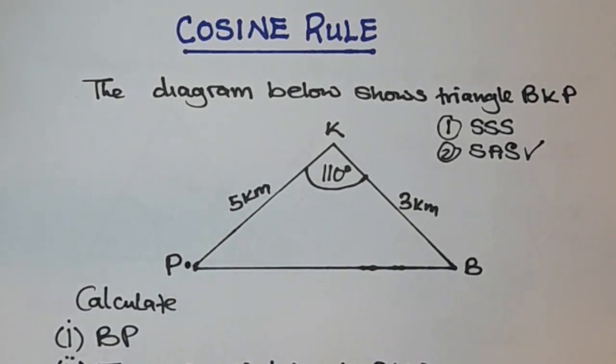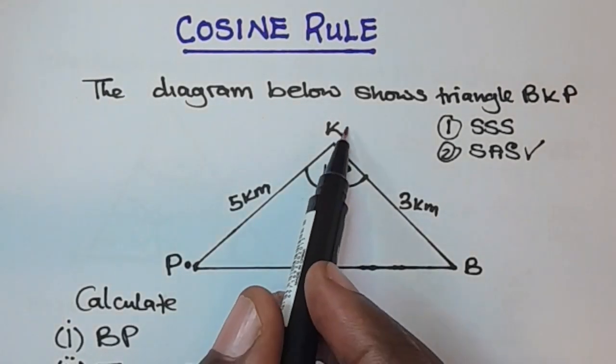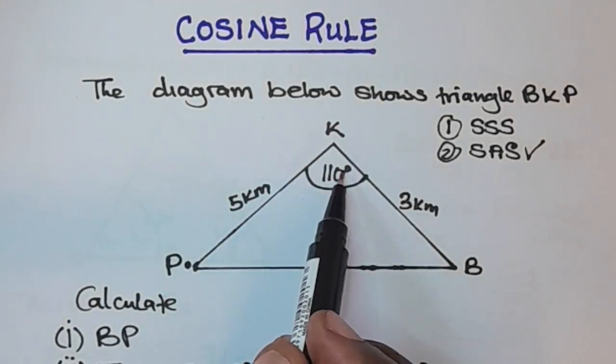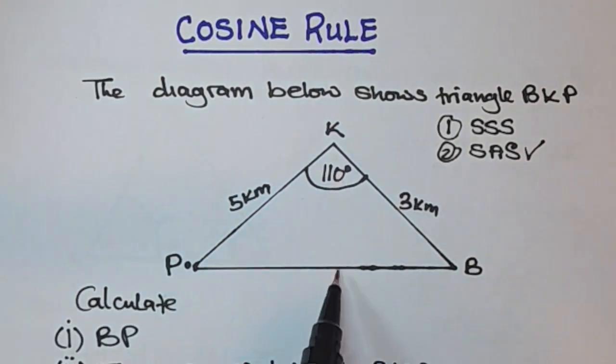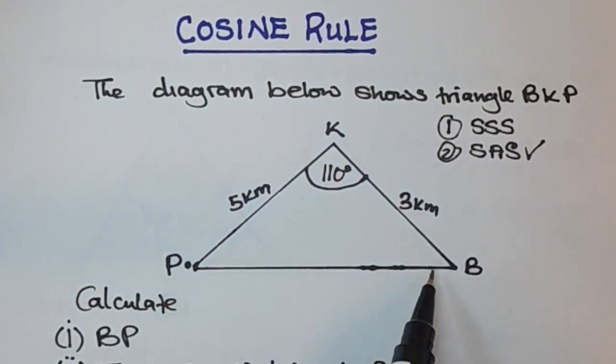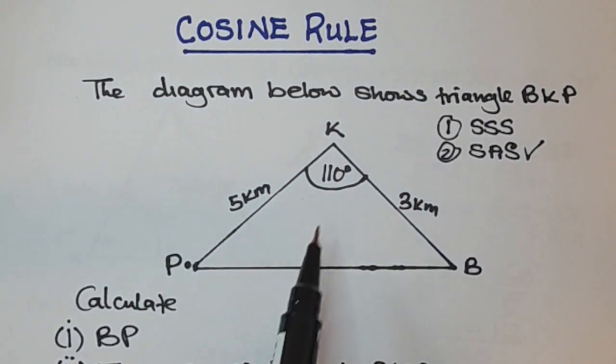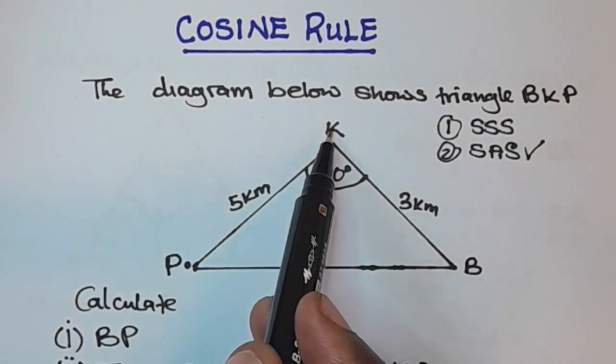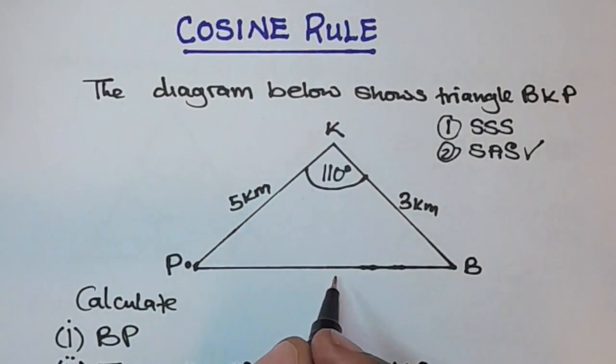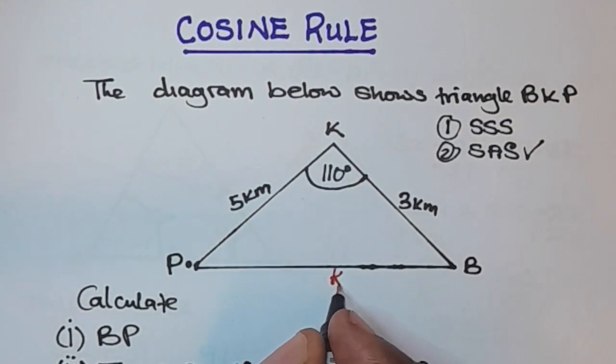Okay. So when dealing with the cosine rule, you can see that here you have been given an angle that is opposite to the side that they are asking us to find. And so we are going to say this is capital letter K. Here we are going to write a small letter k.